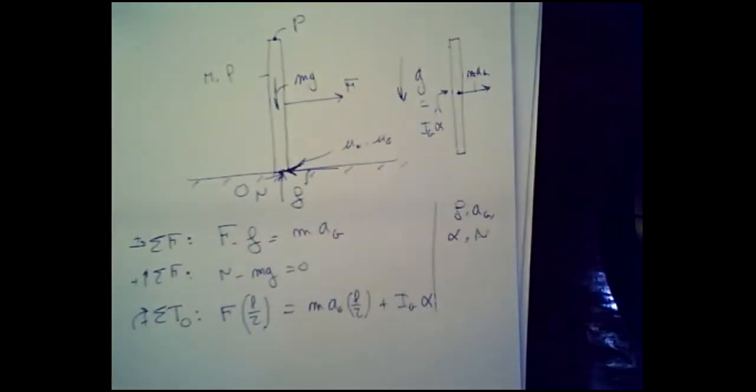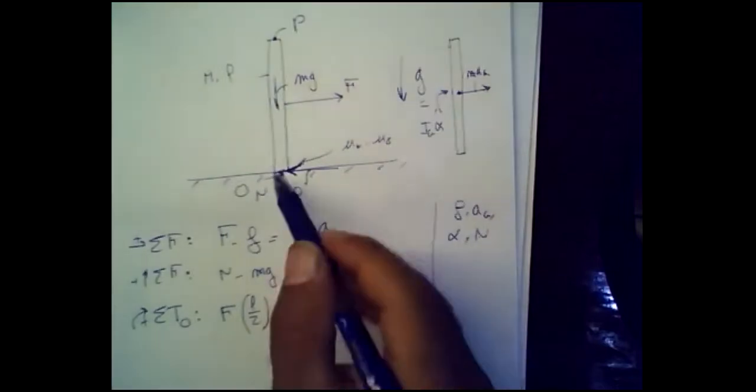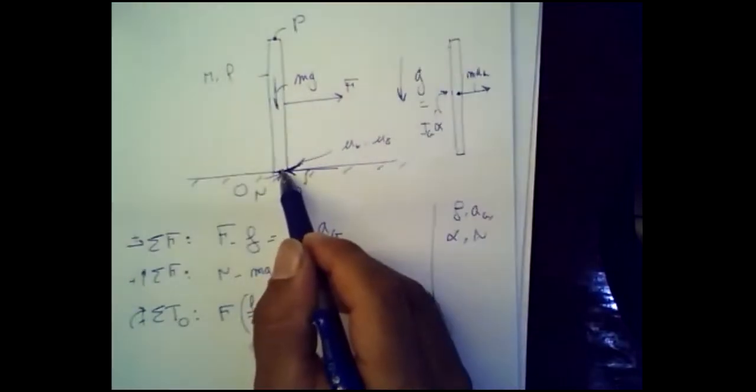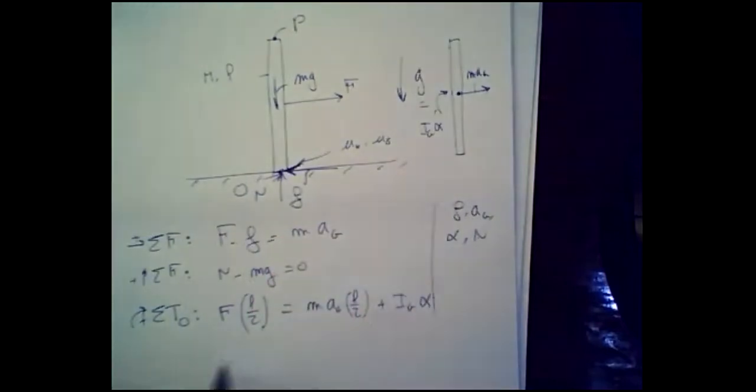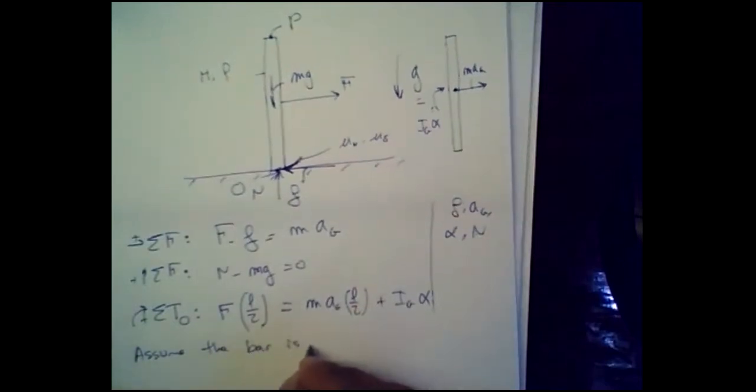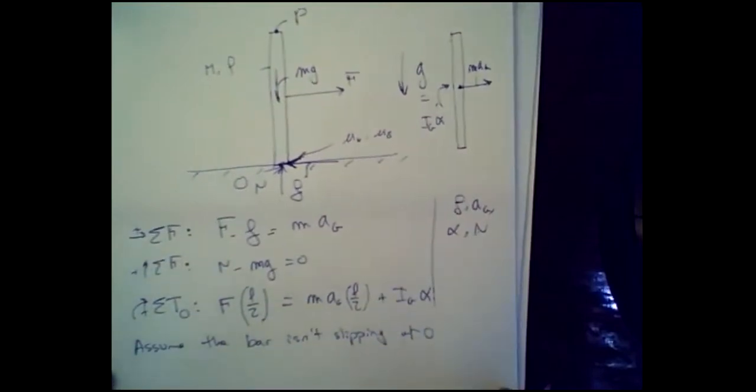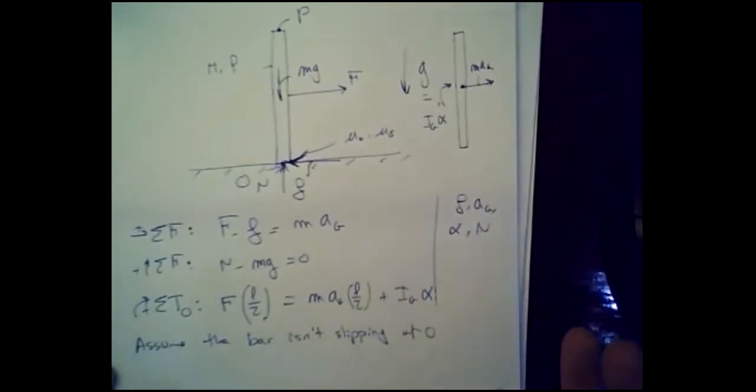Here I have to make some assumptions. I'm going to assume that this is essentially rotating, not slipping. So we assume the bar isn't slipping at O. If the bar is not slipping at O, then I can write a new equation. Can someone tell me what it is?